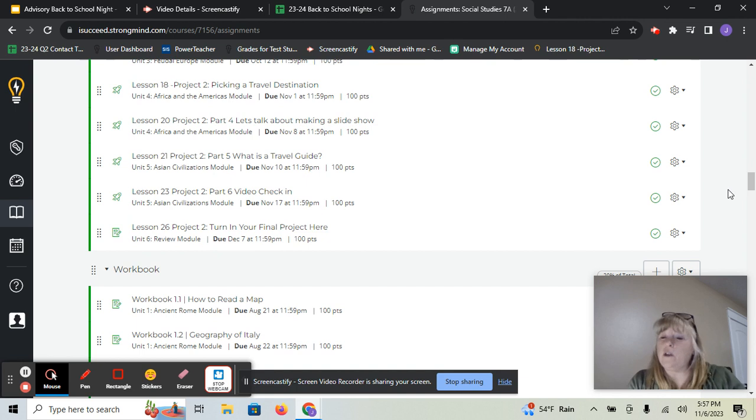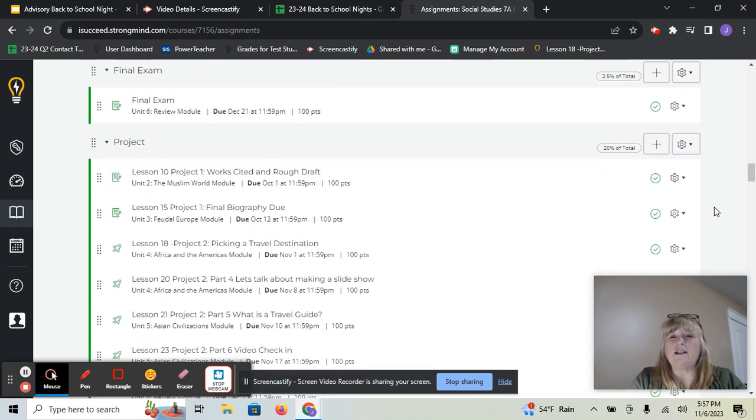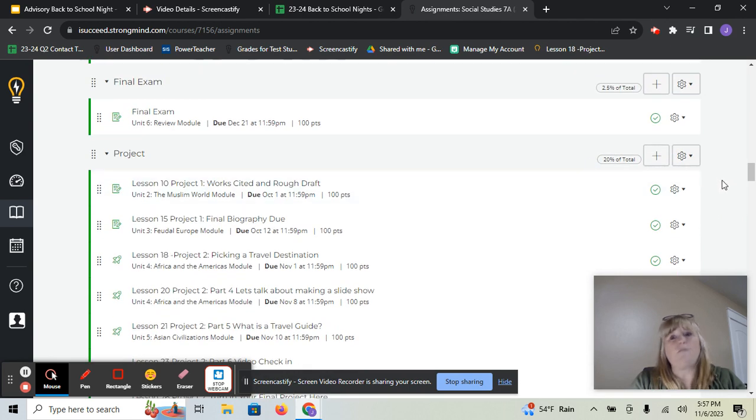Our second project is that they are making a travel guide. They're looking at one of the civilizations that we have studied or are studying, and they're going to create a travel guide to help us understand places to go, what the culture is like, and maps and things like that. That's 20% of their grade.